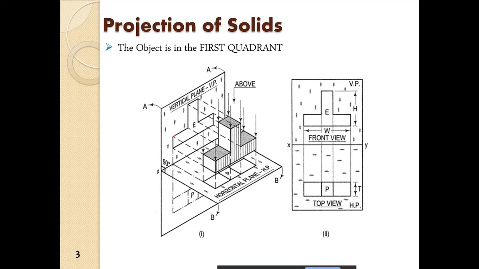So this is the front view projection of this surface. Remember that we are only seeing the surface and we are projecting it on the vertical plane. And if we see from above, we will see this surface over here.